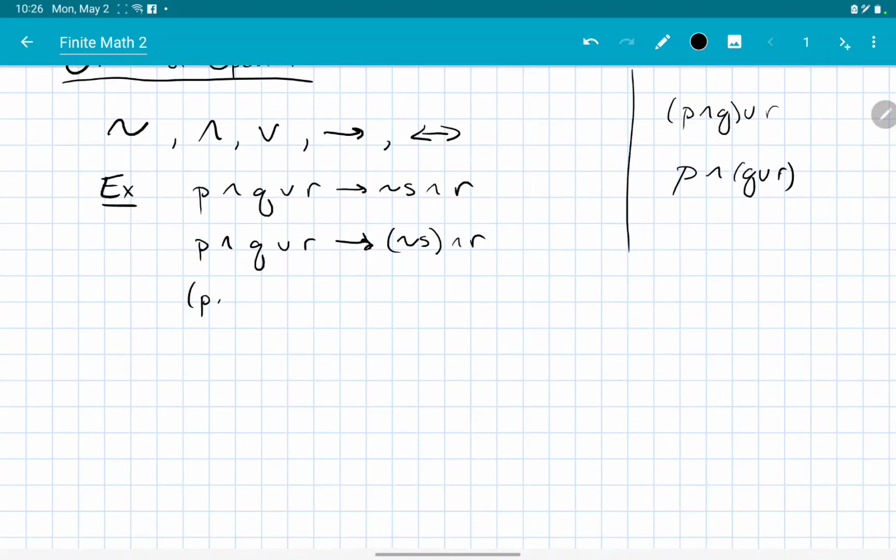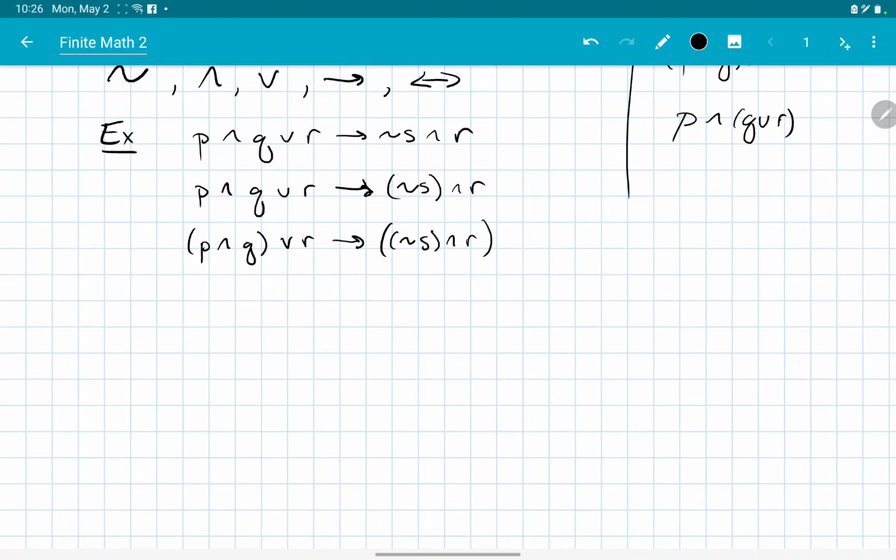So I'm going to put all the and things in parentheses for my next rewrite. Now comes the ors, and that means I can just put parentheses around this. And now there's no ambiguity. Now we see what is the hypothesis of the implication and what is the conclusion of the implication. So there may be one or two problems like this on the homework, and you have to go in that order.